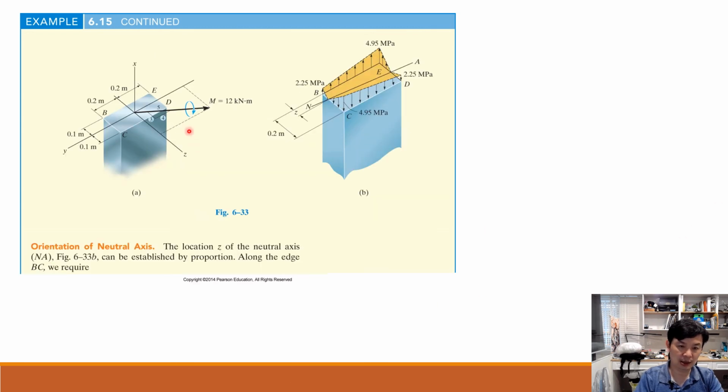After that, we need to determine our NA. How to determine that? One way is to determine this z, the distance from B to C, and try to find the zero point along that boundary. The location of z of NA you can establish by proportion. Just look at the proportion of the stress distribution and you will find the location of z.